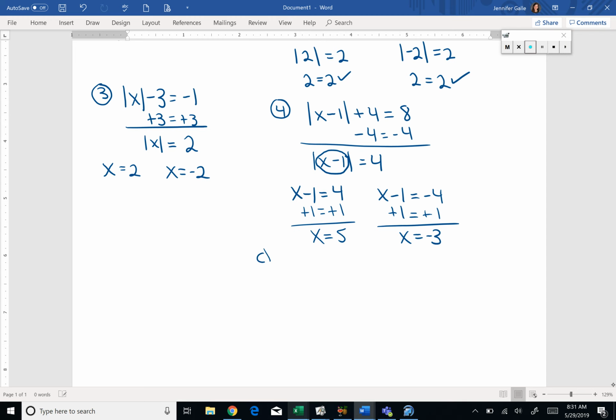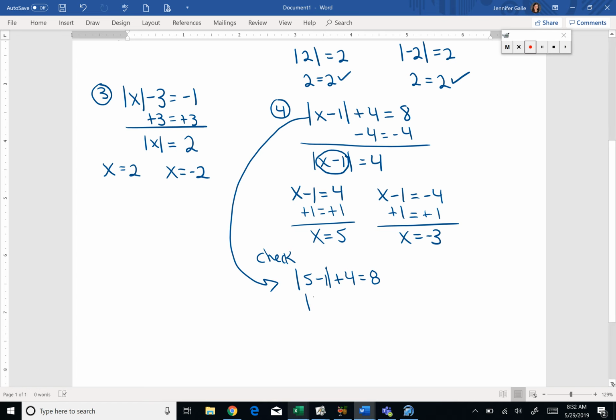So let's go ahead and check. I'm going to start with 5. So again, I go back to my original. I have an absolute value bar. Instead of x, I'm going to put a 5. We have the minus 1 plus 4, and we want to see if that equals 8. I need to do the subtracting inside the absolute value bars first.